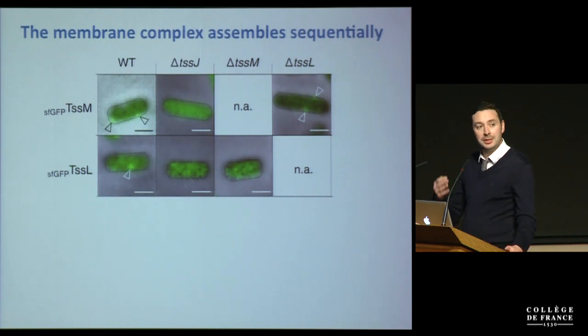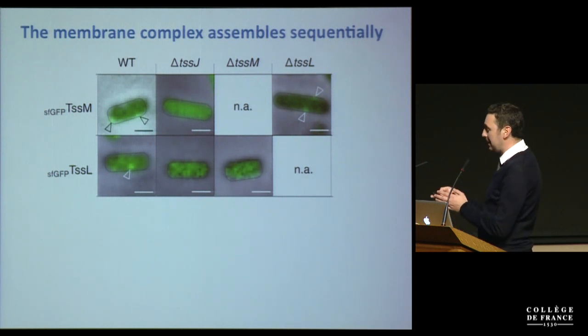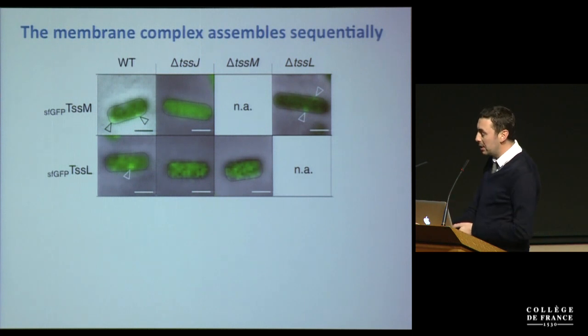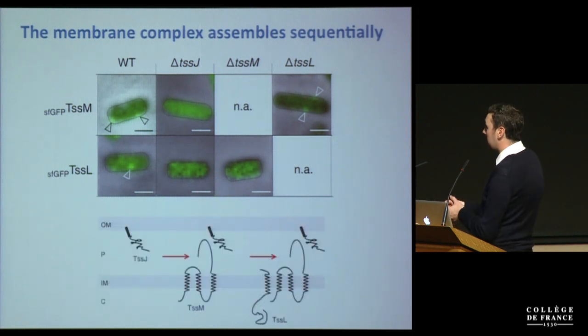So TssJ is recruited before TssM, and TssL is recruited after TssM. If we do the same thing with TssL, we see that the fluorescence of TssL is diffuse in both J and M backgrounds. So just to make that story short, the first protein to be recruited is TssJ, and then it will recruit TssM, which will recruit TssL.